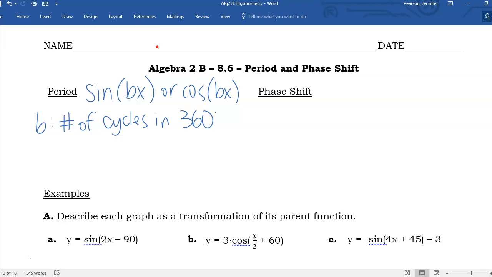But now we can stretch or shrink the length of our period, the length of our curve, using a number for b. Okay, so it's going to stretch or shrink horizontally.